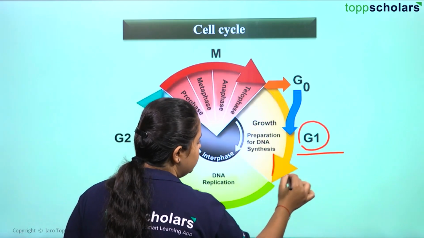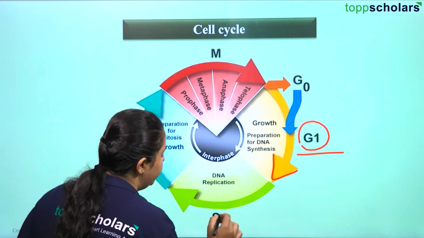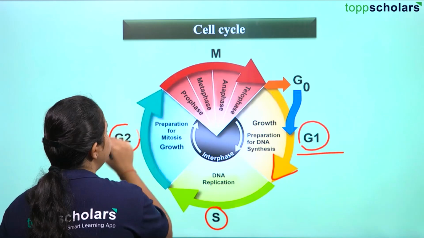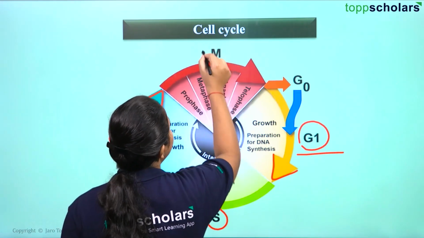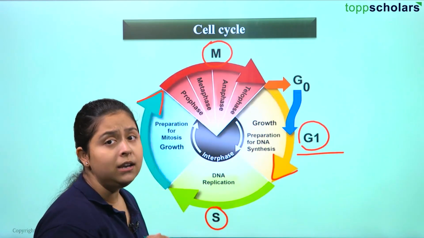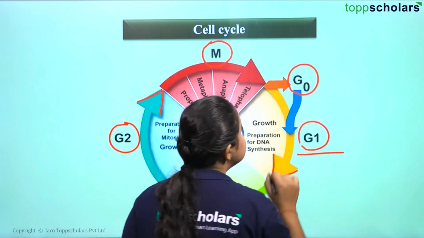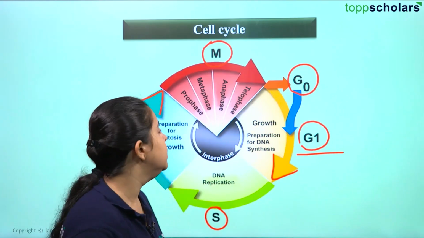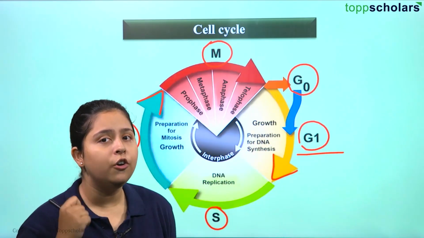Then this arrow shows that after G1 is completed, our cell will enter into S phase. And after this, we will have G2 phase, after which we will have the M phase. And then some cells might go into another phase which is called G0, and they can also be called back to this continuous cycle, that is, they will enter G1 phase.